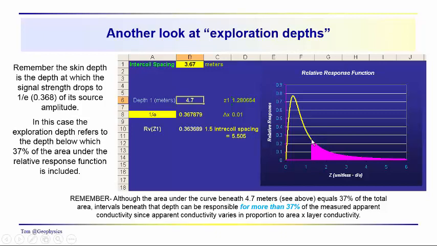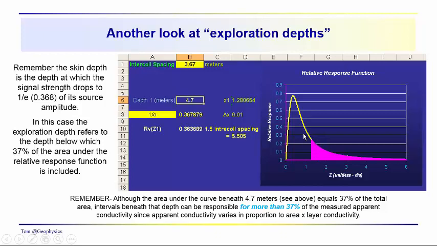But when the remaining area under the curve drops to 36.7% of the total area under the curve, that depth is referred to as the exploration depth. That 36.7 or 36.8% is approximately 1 over E times 100.